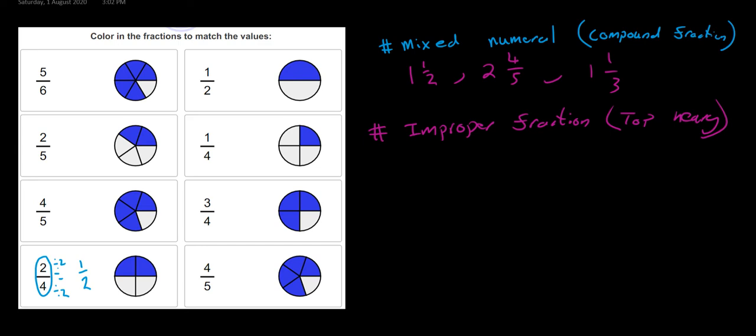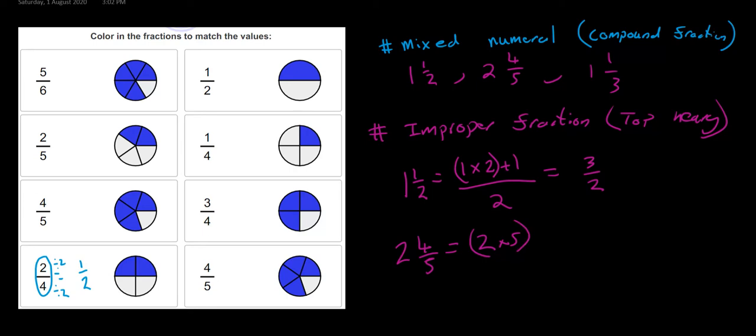Now, how do we convert each of these to an improper fraction? Well, let's do that then. We do 1 times the denominator plus the numerator. So that gives 3 over 2. Same for this. We do 2 times denominator plus numerator, which is 14 over 5.